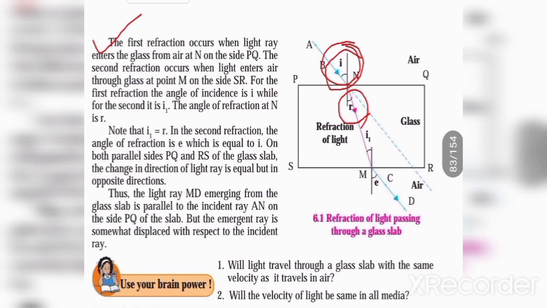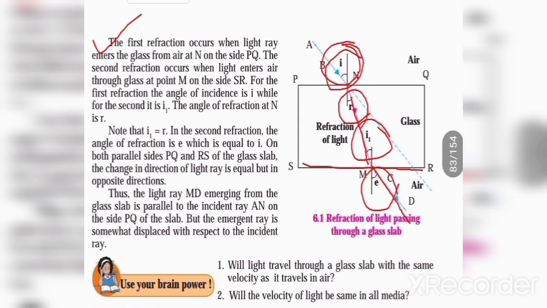Again the ray is incident on this plane, that is I1. Again at this point it emerges out, and that angle of emergence is denoted by E.